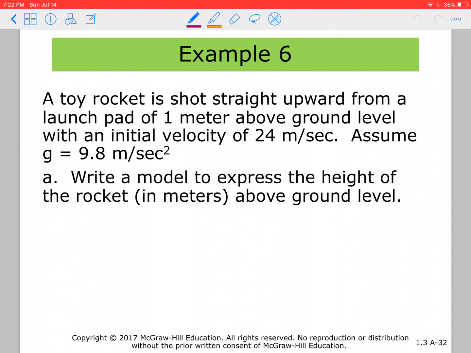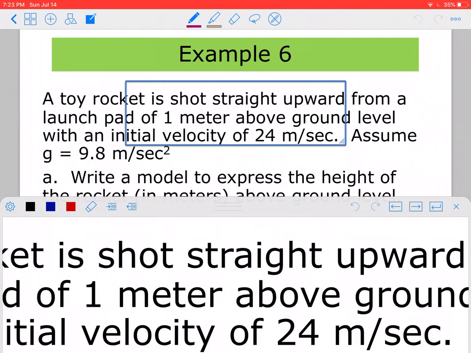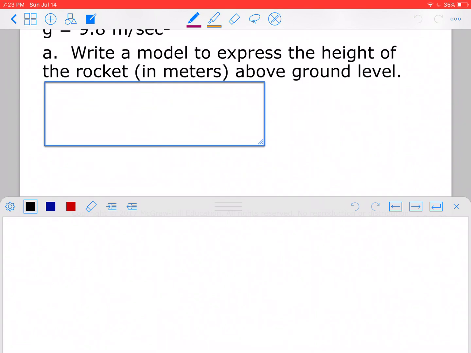So in example 6, a toy rocket is shot straight upward from a launch pad 1 meter above ground level with an initial velocity of 24 meters per second. Write a model to express the height of the rocket in meters above ground level.